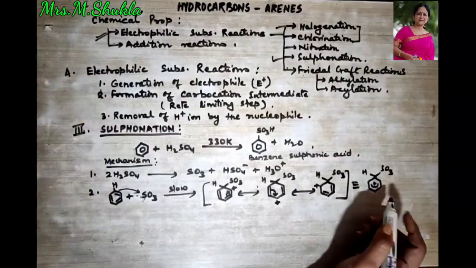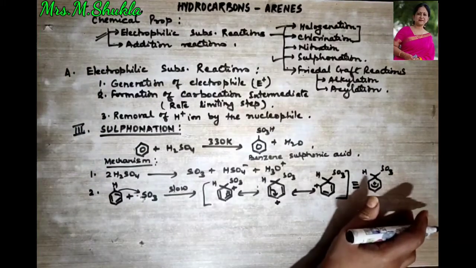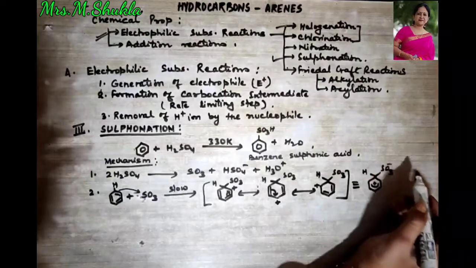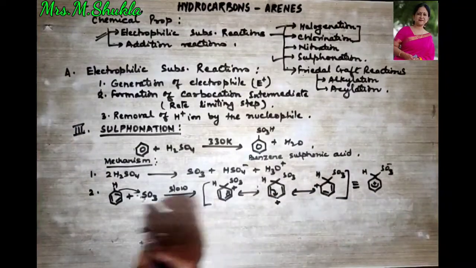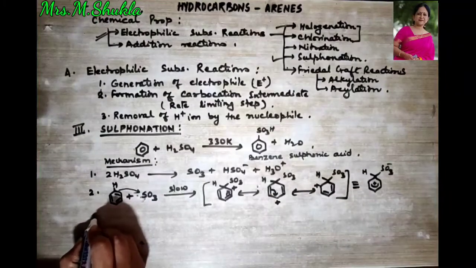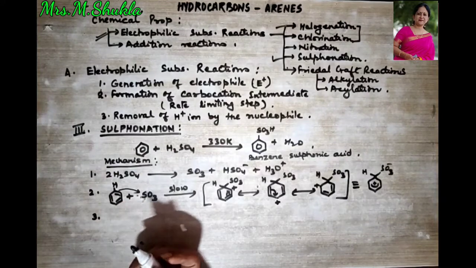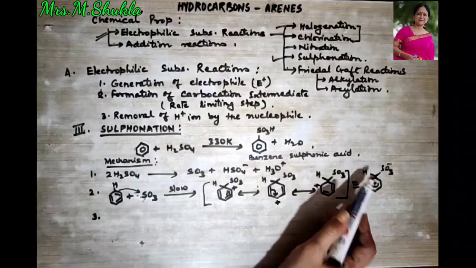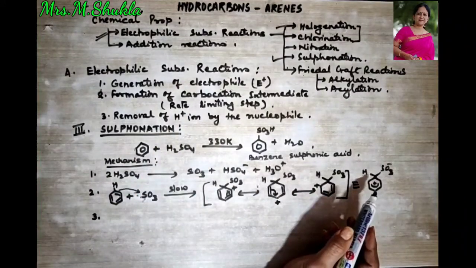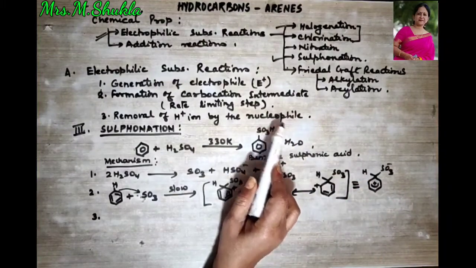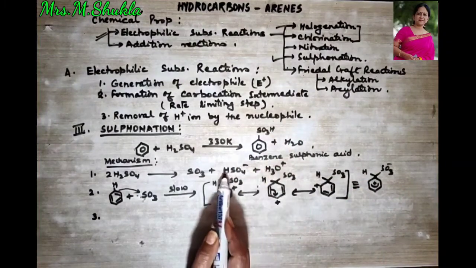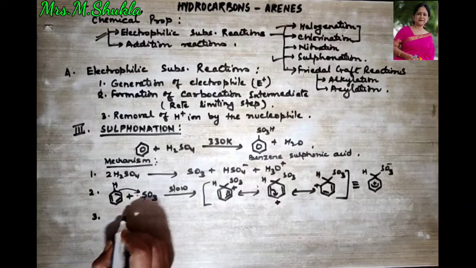HSO3. Okay, this is your resonance hybrid. Now SO3 becomes minus. Now let us come to the third step, removal of your hydrogen ion from here by what? Nucleophile. So what is your nucleophile? HSO4 is your nucleophile over here.